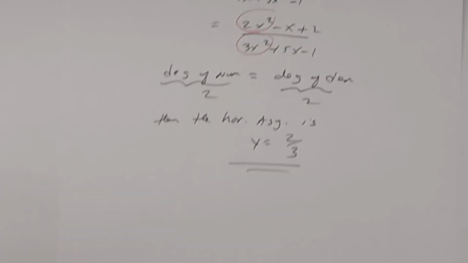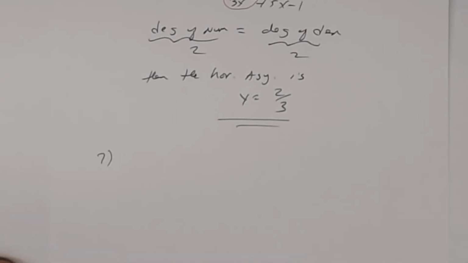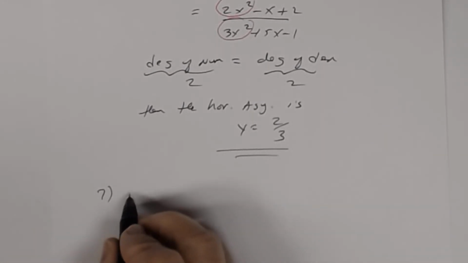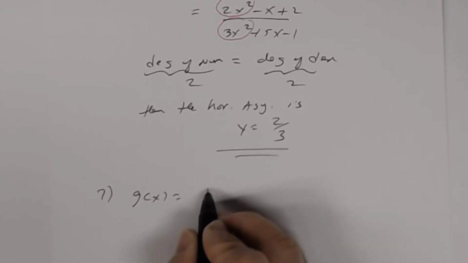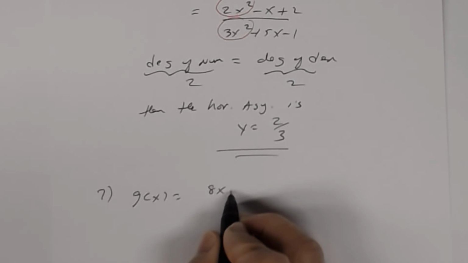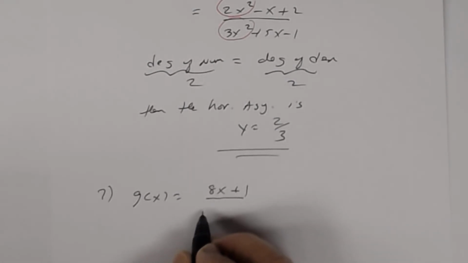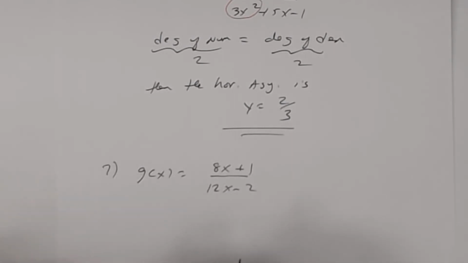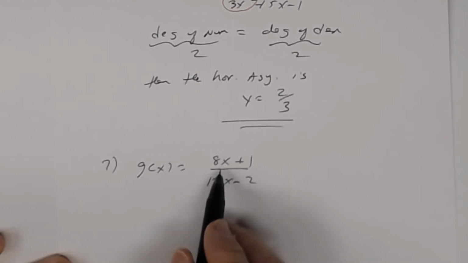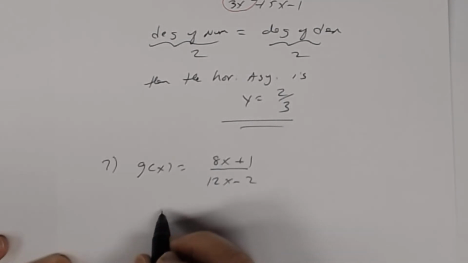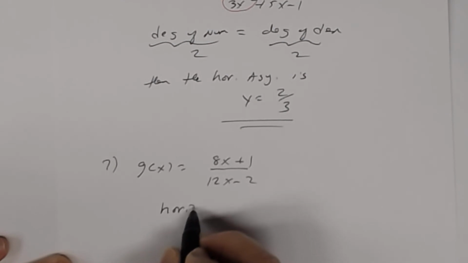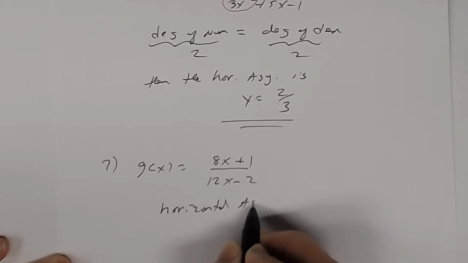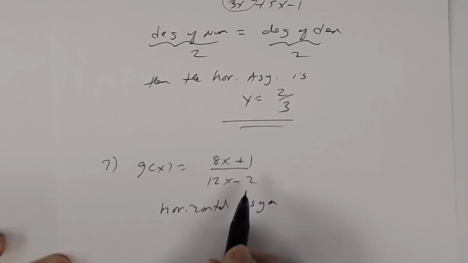Now, real quickly, I just want to make sure you understand something else. Let's suppose that g of x was 8x plus 1 divided by 12x minus 2. I just want you to understand that if the degrees are the same, which they are here, 1 and 1, make sure you reduce.